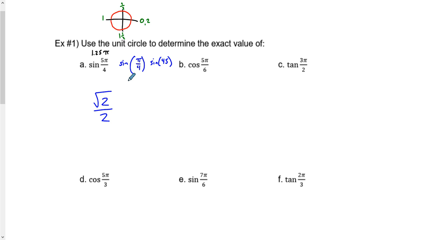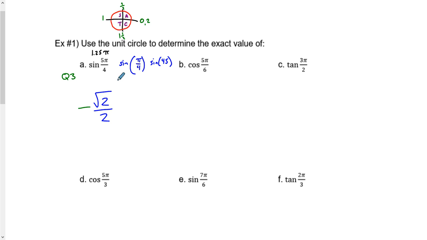Actually, I'm going to write that here. So since it's quadrant 3, and it's sine, actually I'm going to change my color, CAST, it's going to have to be, tangent is the only thing positive, sine is for sure negative.